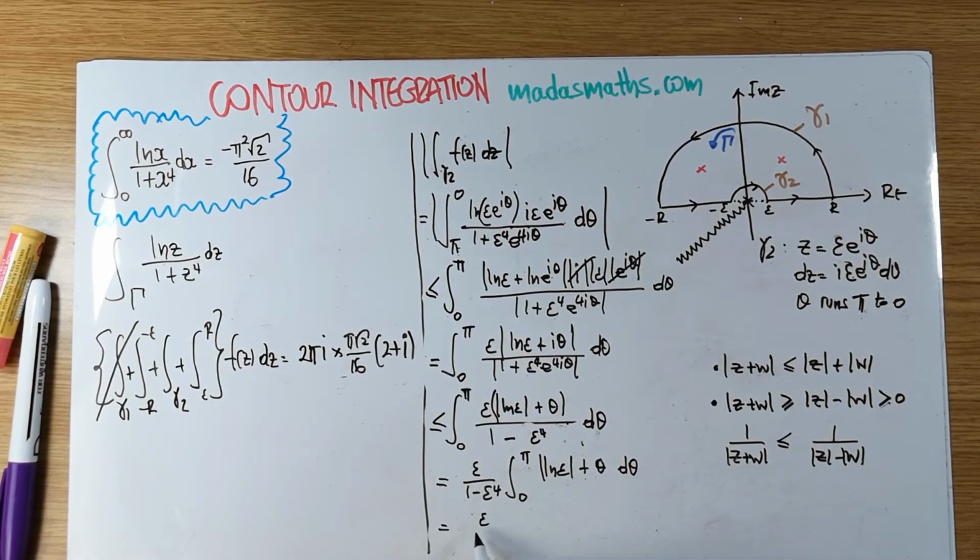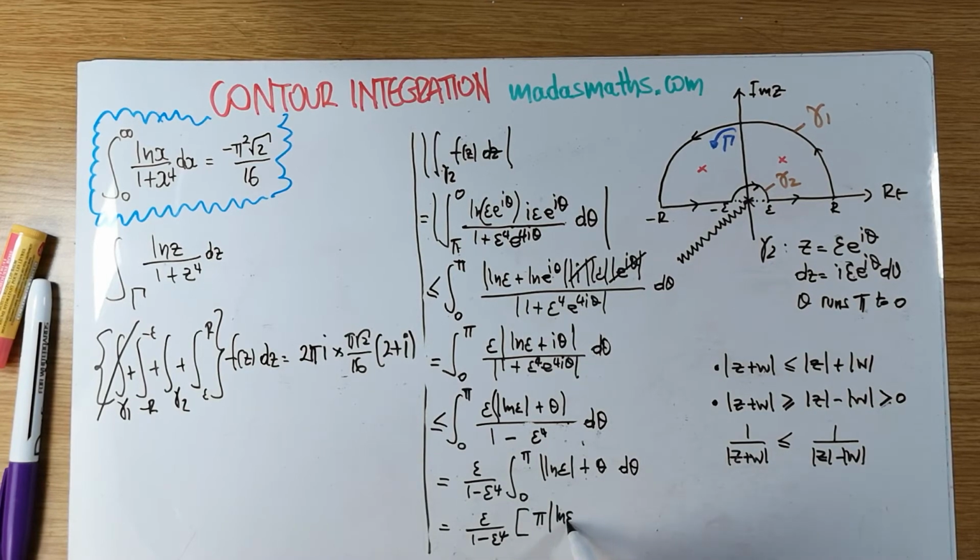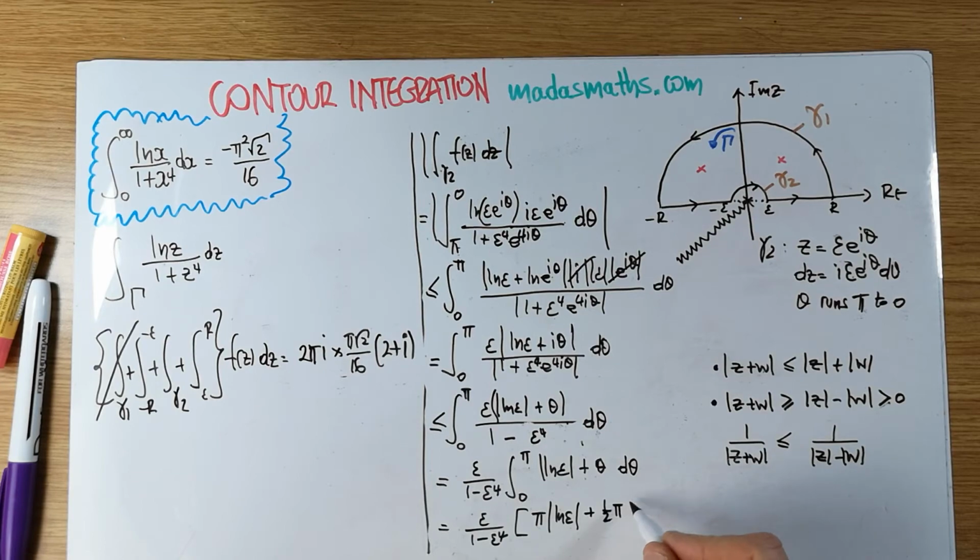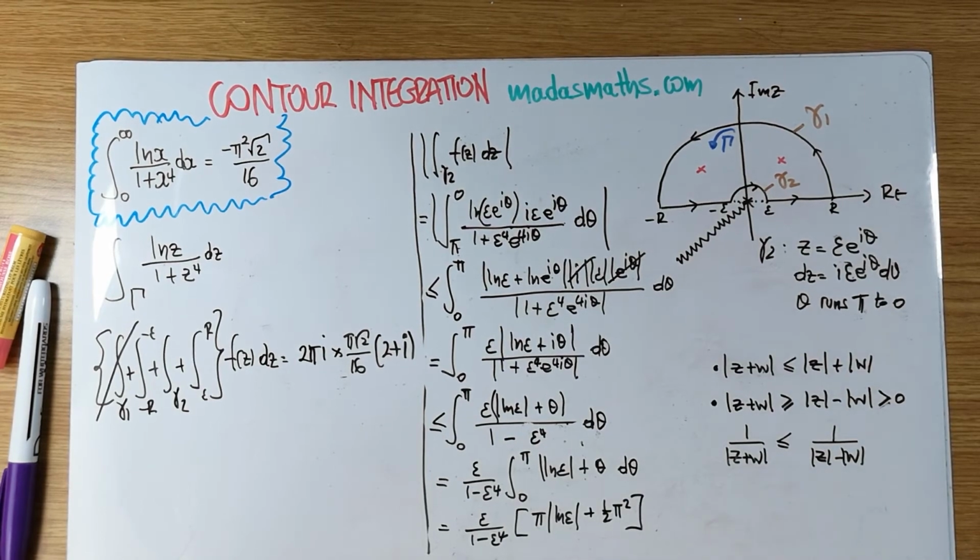Integrate that, 1 plus epsilon to the 4, and that's going to go theta times that, and the theta will become pi minus 0, which is pi, log epsilon, and that's going to be a half theta squared, so it's going to be a half pi squared.